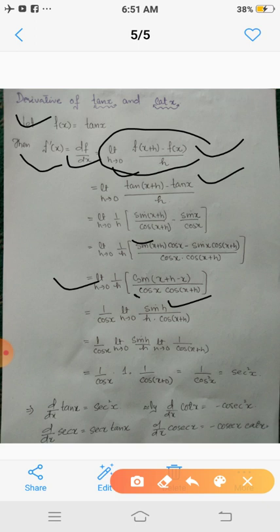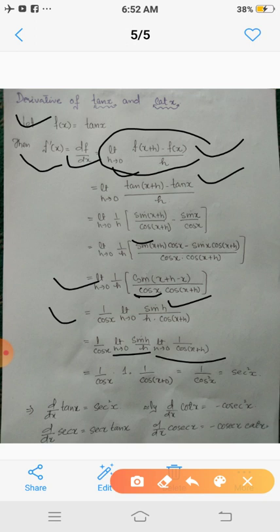Now cos x is independent of h, so in terms of h it is constant. It comes out from this limit. It is 1 upon cos x, limit h tends to 0 sin h by h into cos of x plus h. Now limit of product equals product of limits, that is limit h tends to 0 sin h upon h into limit h tends to 0 1 upon cos of x plus h.